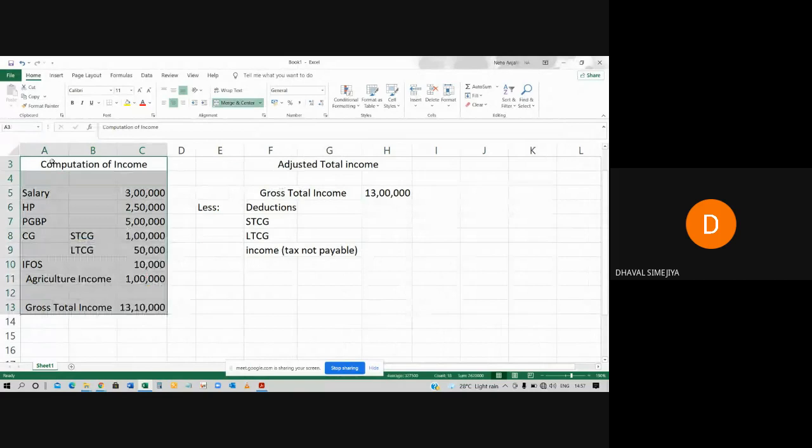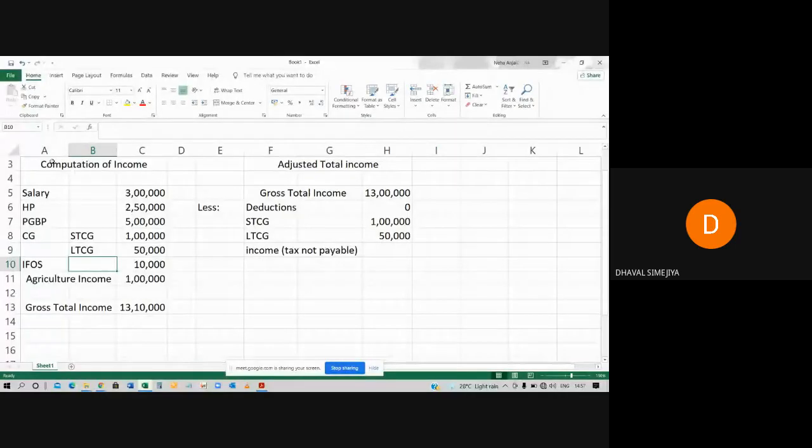Then short-term capital gain 1 lakh rupee and long-term capital gain 50,000 rupee. It is already in 13 lakh. Okay. So now we are reducing it. We are deducting. It means it will be reduced by short-term and long-term, and income on which tax not payable. So agriculture income on which tax is not payable. So we will write down 1 lakh over here.